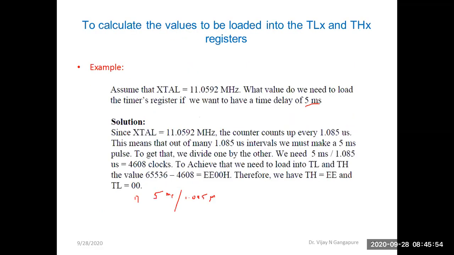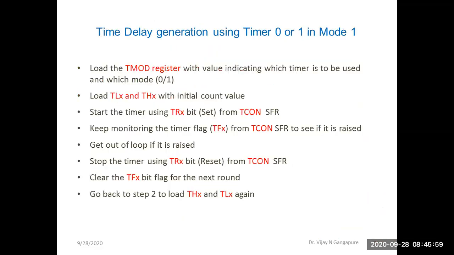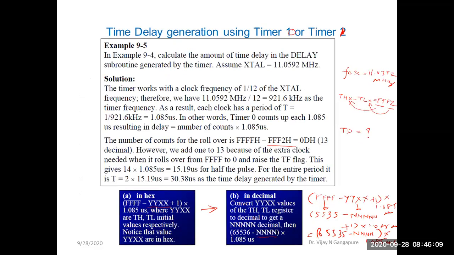So in this lecture, we studied the steps involved in time delay generation using timer 0 or timer 1 in mode 1 in the C programming language. Then we saw how to calculate the delay that will be generated by timer 0 or timer 1 when some initial value is loaded into the timer registers.